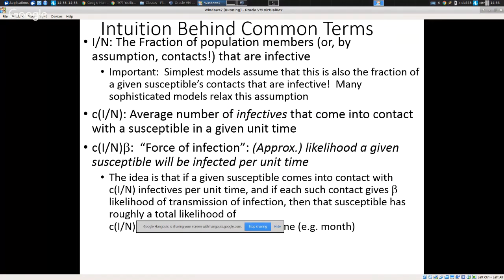Contacts per unit time, okay. What does I over N represent? Yeah, the fraction of the population that is infectious, or the part of the population that has your product or what have you. And beta here is the what? It's a probability, yeah, of transmission. That's right.